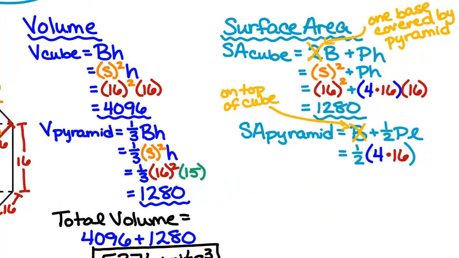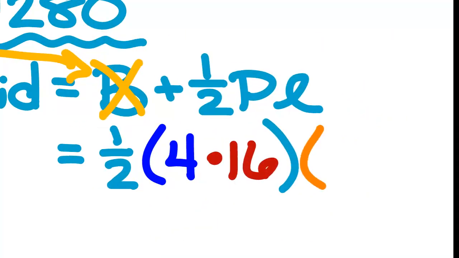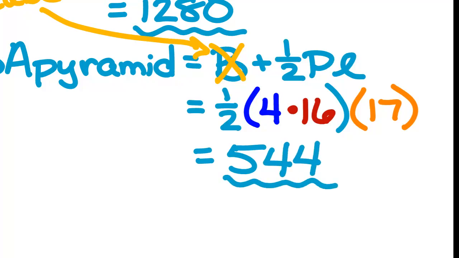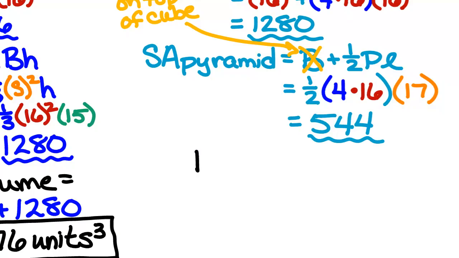So we'll go substitute that in for the cursive L. So now I have 1/2 times 4 times 16 times 17. And we get what here? 544. And now we need our total surface area.